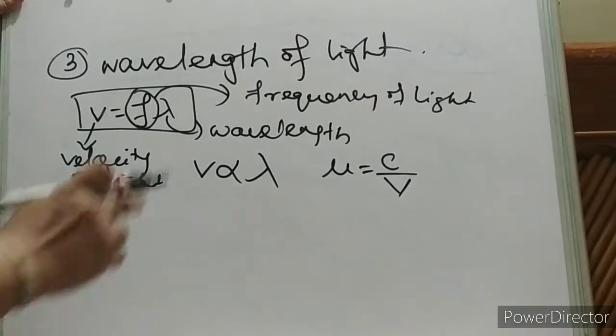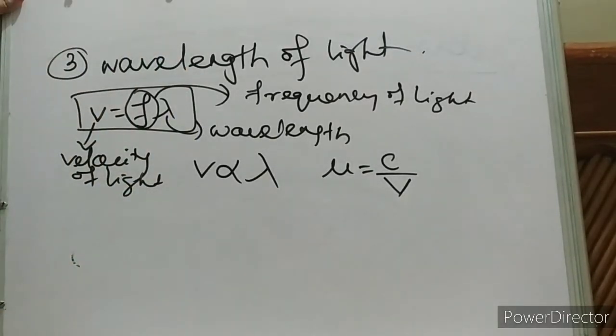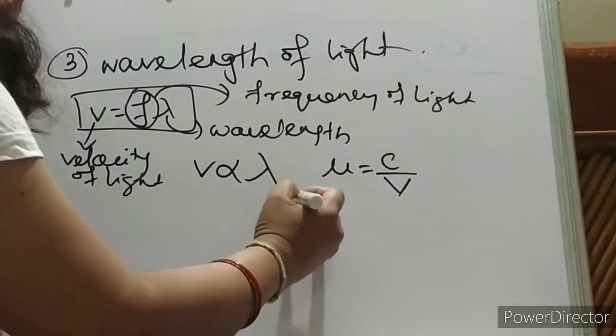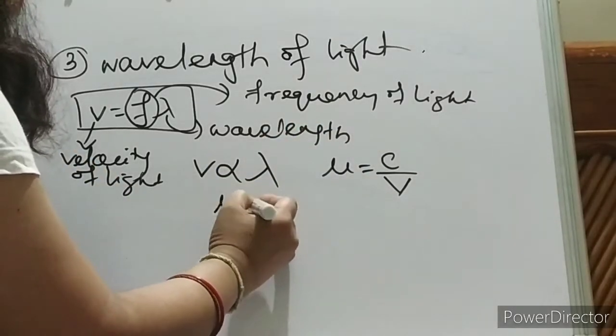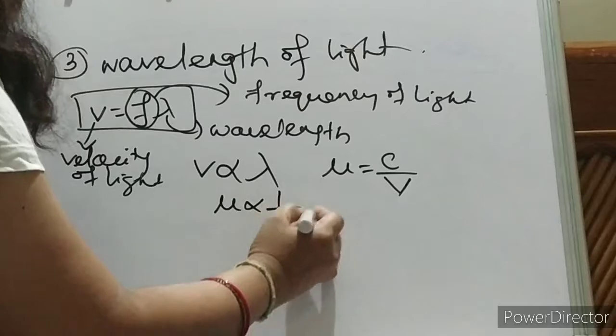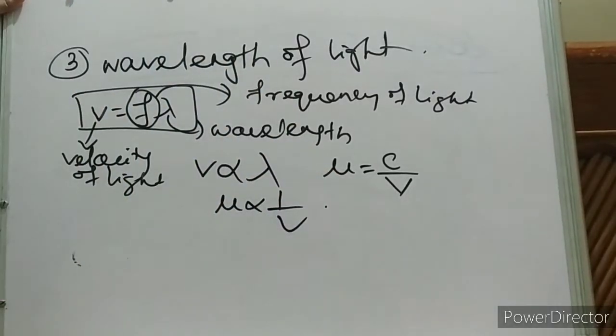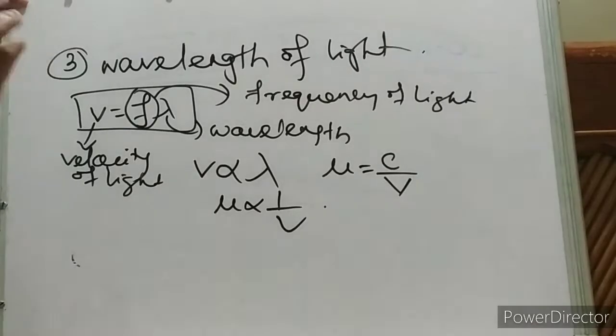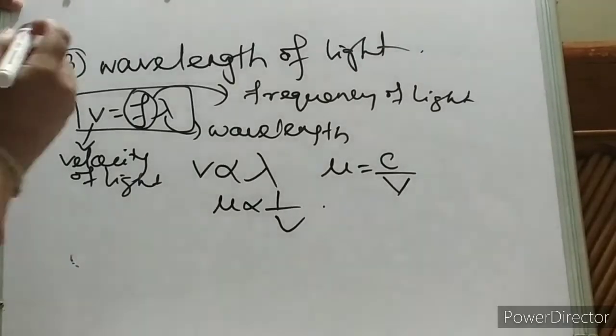That means mu is inversely related to v. Is it clear, children? Now we'll see how it depends. See video.